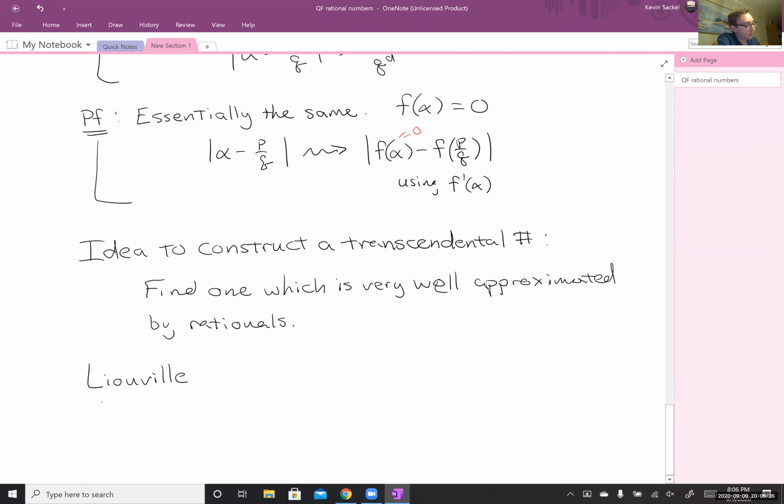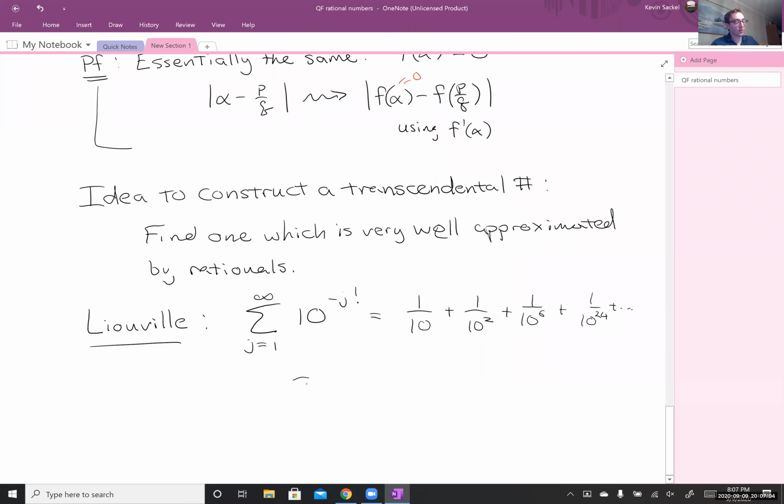So Liouville wrote down a number which is the following. If you write down the sum of 10 to the minus j factorial from j equals 1 to infinity, this is equal to something like 1 over 10 plus 1 over 10 squared plus 1 over 10 to the 6th plus 1 over 10 to the 24th, and so on.